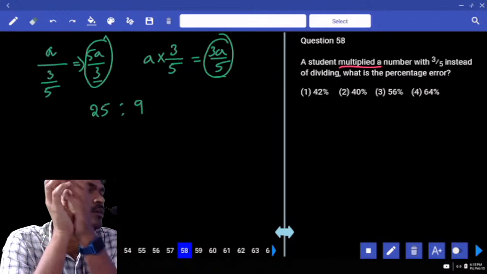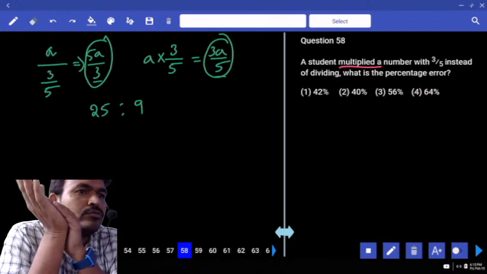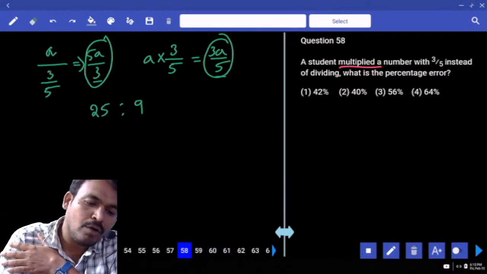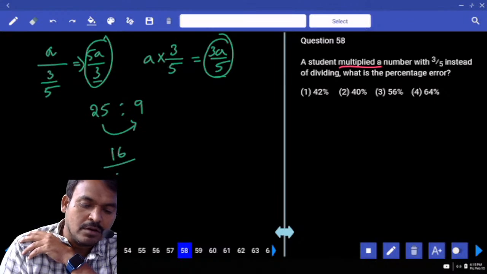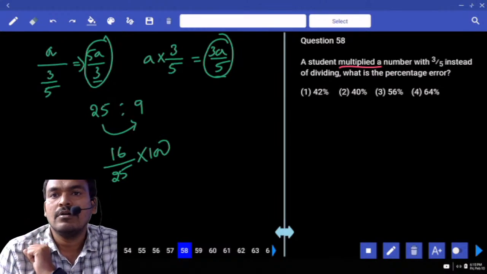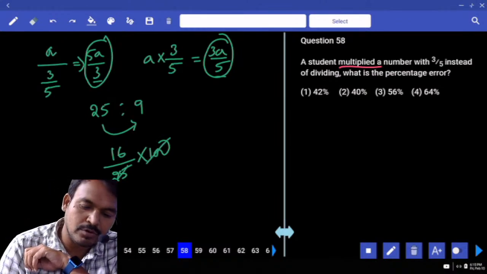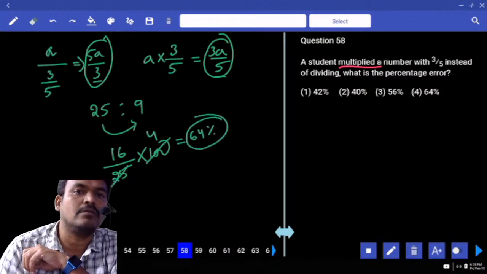The ratio is 25 is to 9, which means the original solution is 25 and the new solution is 9. How much value is reduced? 16. 16 upon 25, multiplied by 100, we get the percentage. 25 times 4 is 100, so 16 times 4 is 64%.